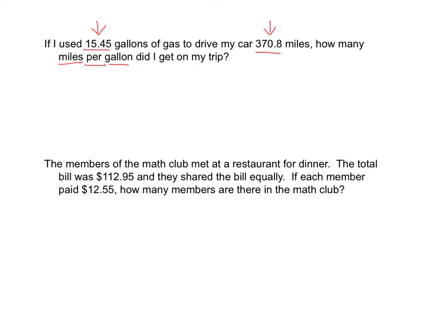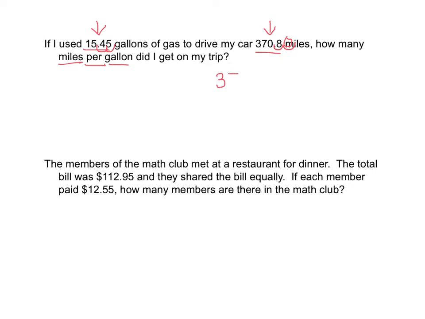What I'm going to do is jump ahead to give myself more space. Because I'm dividing by 15 and 45 hundredths, I know I'm going to have to move my decimal point over 2 spots. So same thing in my 370 and 8 tenths. Add in that 0.